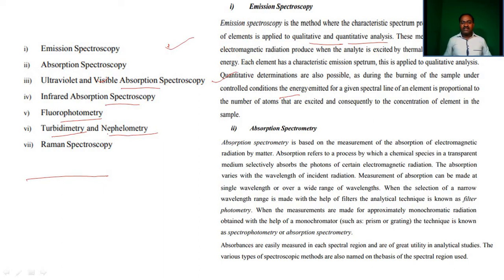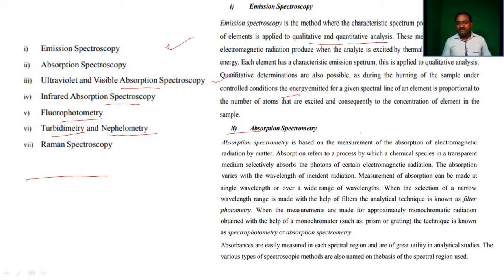In these techniques, generally we are using electromagnetic radiations produced when the analyte is excited by thermal energy. Each element has a characteristic emission spectrum. This is applied to qualitative analysis. Quantitative determination is also possible in emission spectroscopy.